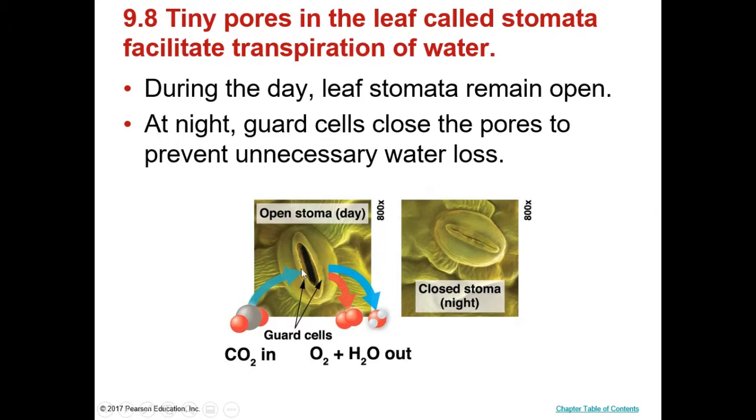They'll lose an excessive amount of water and they'll wilt and die. They'll desiccate, if you will, if they keep their stomata open during the day. So C4 plants and CAM plants close the stomata during the day and open them throughout the night so that they can carry on with their gas exchange and photosynthesis and whatnot.